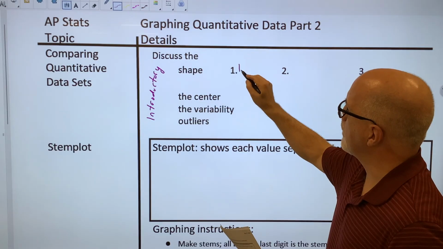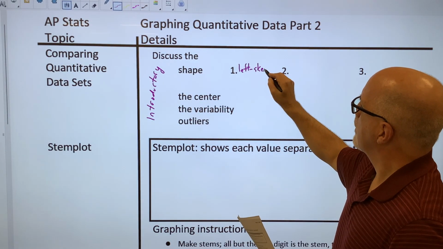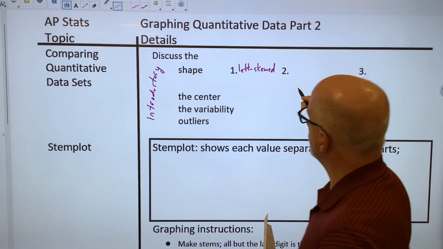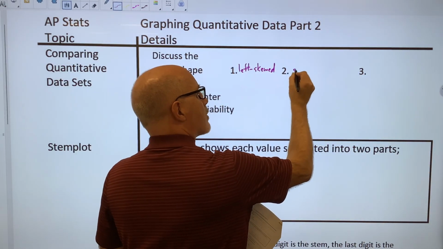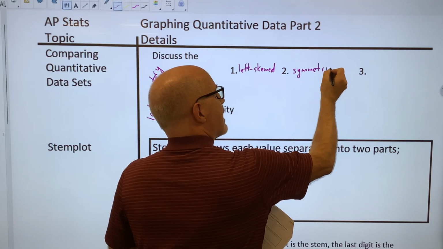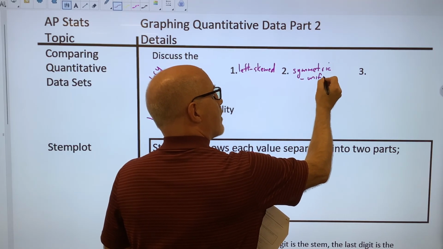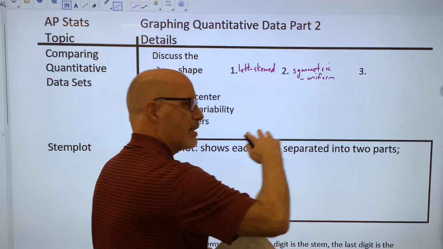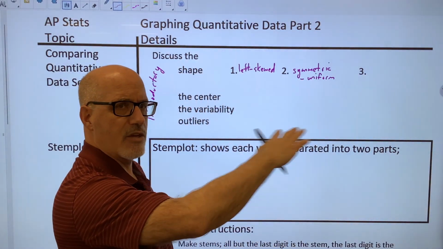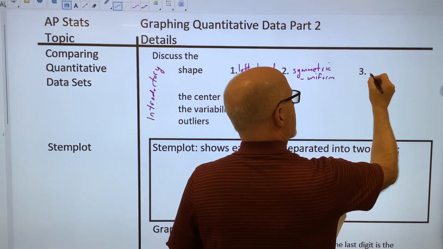We've talked about left skewed. We've also talked about symmetric graphs, the mirror image ones, and a specific symmetric graph that we've talked about is uniform, a uniform distribution that's pretty much the same value all the way across. And then we talked about right skewed.